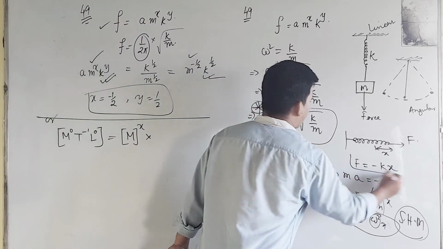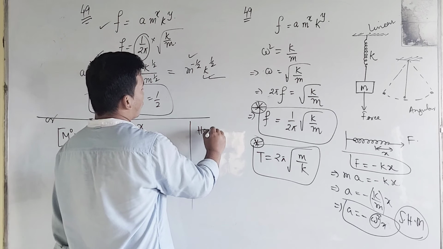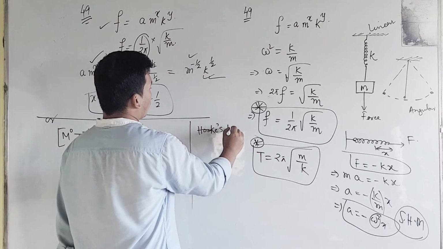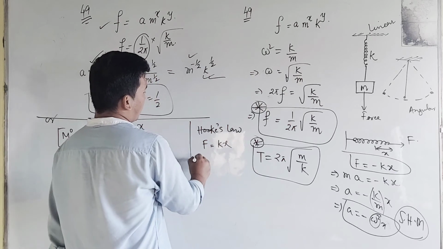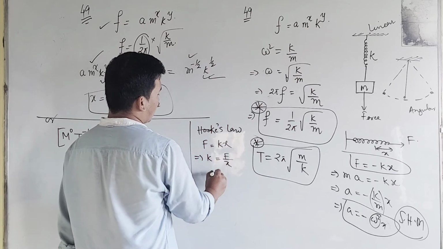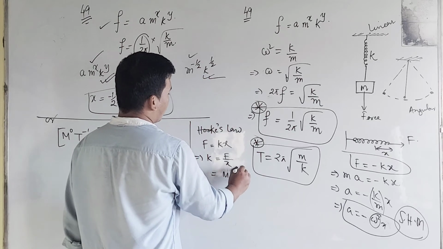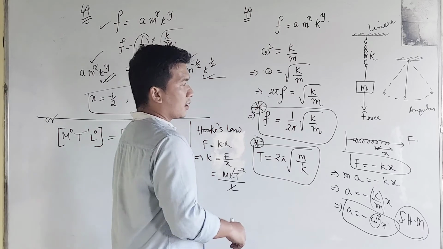For this question, you must be able to find out the spring constant. According to Hooke's law, force is equal to kx, so k is equal to F divided by x, that is M L T inverse 2 divided by L, so the L and L get cancelled out.